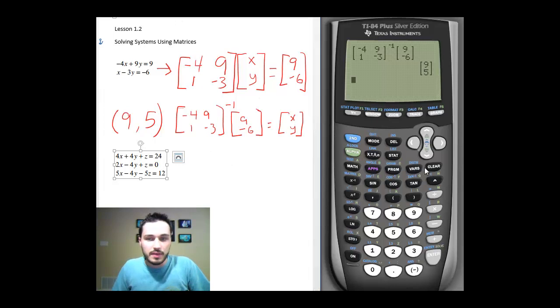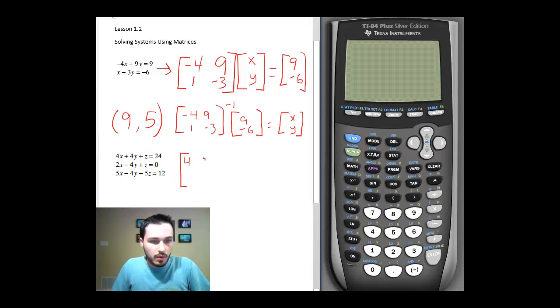So we do need to write this as a matrix, and I'm going to do that by hand first, though, just so we have something to look at. We've got 4, 4, 1, 2, negative 4, 1, and 5, negative 4, negative 5.